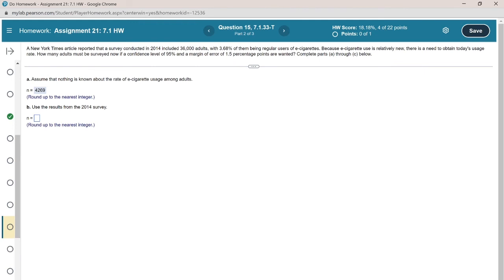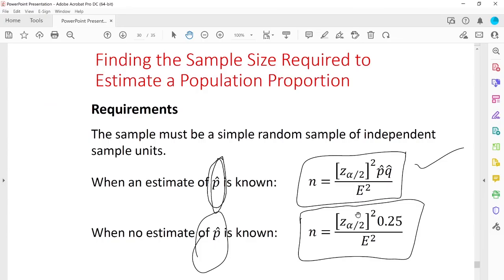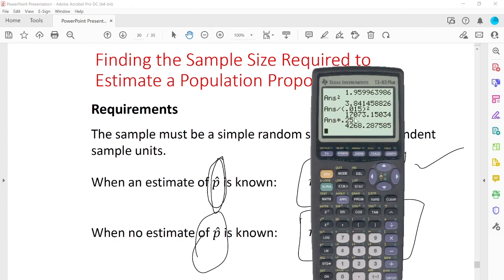Remember, if the estimate is already known, then we need to use the first formula. The first formula is the same as before: you find the z score, square it, and divide it by e square. So I'm going to use the very same value, 7073.15034.